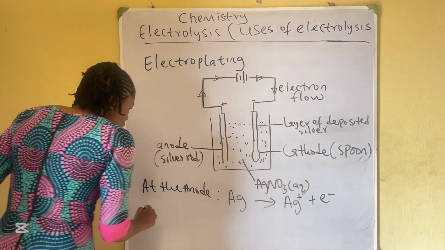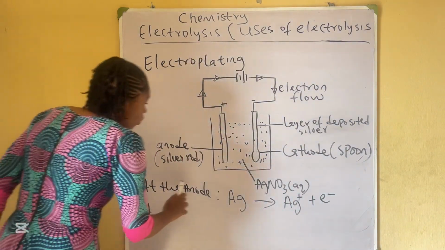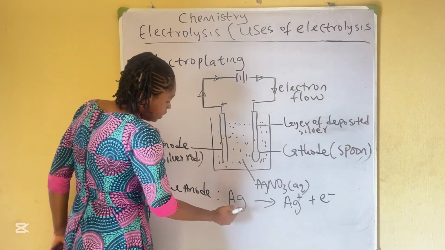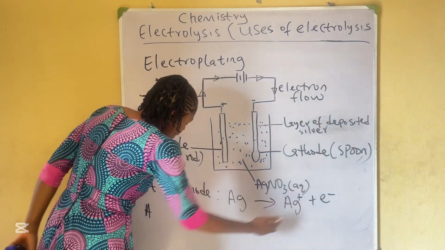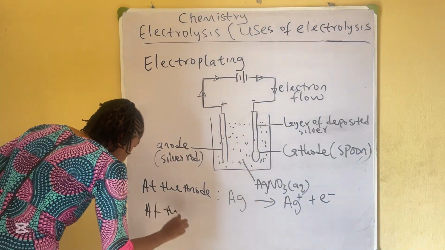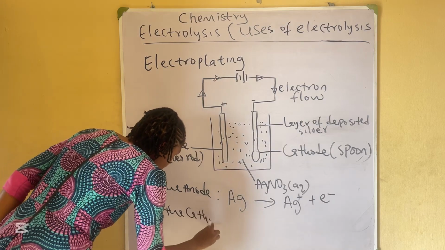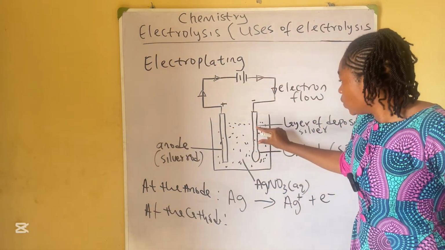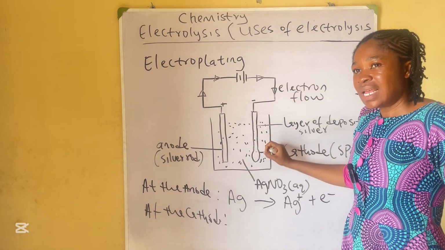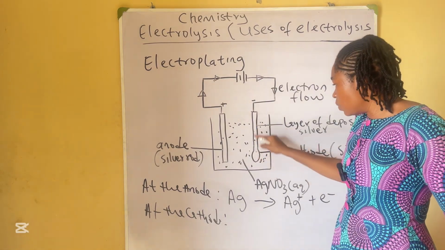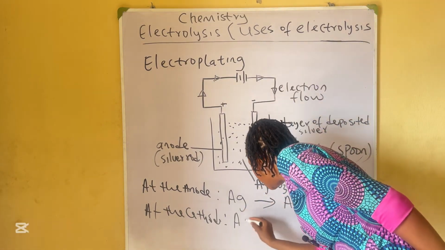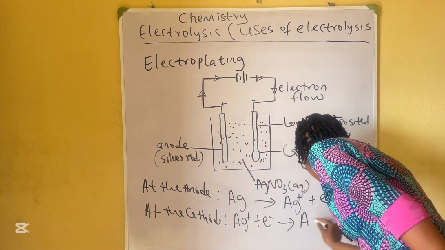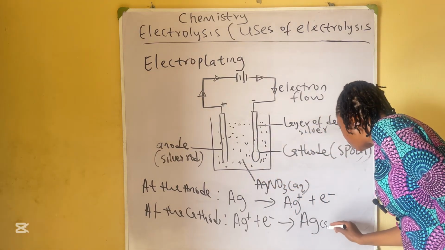Remember, oxidation takes place at the anode. You can see the oxidation number of silver goes from 0 to +1. At the cathode, what happens? The silver ion will go to the cathode, which is the spoon, accept the electron and become deposited. So this is silver ion accepting the electron to form metallic silver.